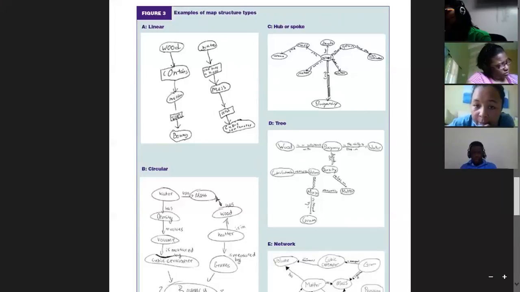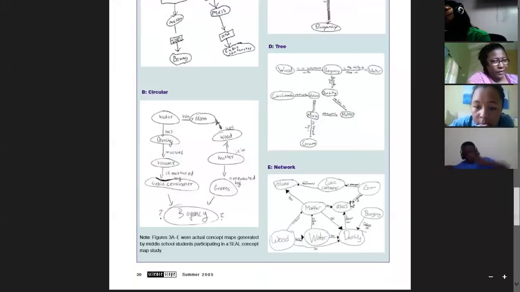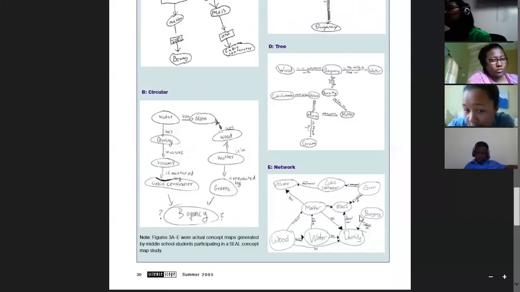It looks like it could be a hub, perhaps, or even a network, which is the bottom right column. So probably the network is the one that I had up as the example today.